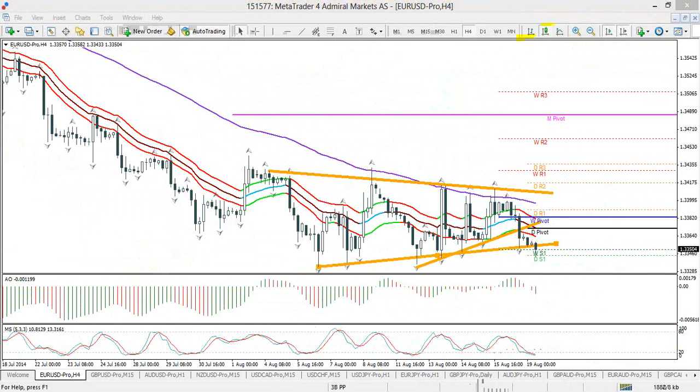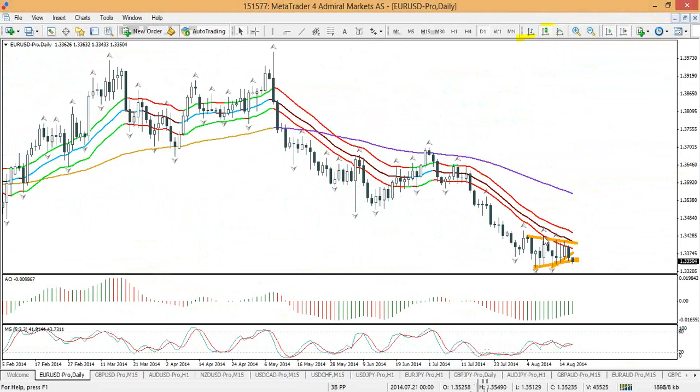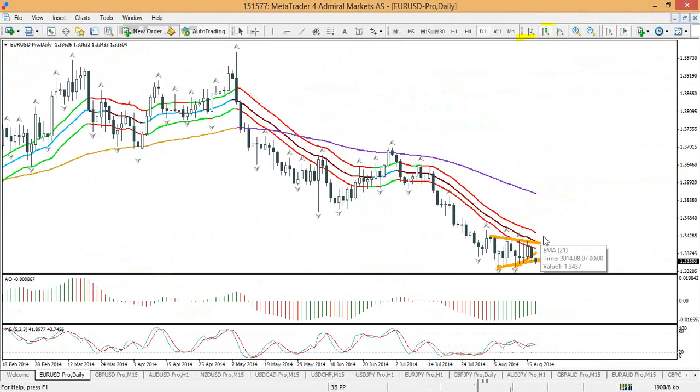Within the 4-hour chart here, and you can see the daily chart too, we see a pretty good downtrend. That consolidation is nicely bringing price back to the 21 EMA band. The band is the 21 EMA high, low, and close. And you can see the price is well below that band.